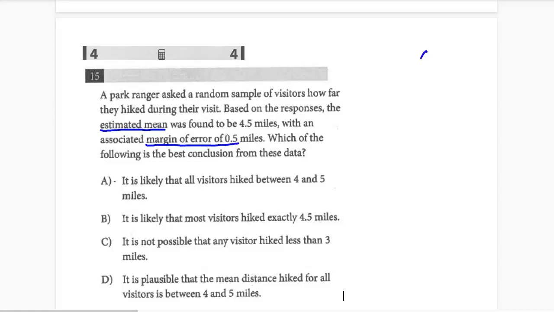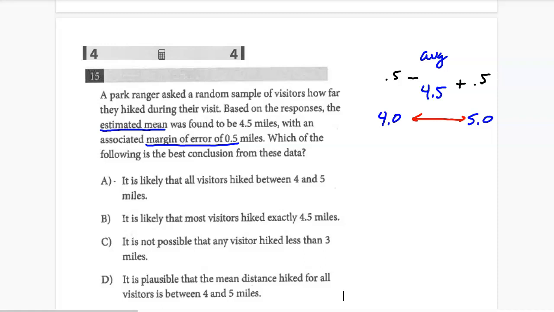So what that means is, if we have an average of 4.5, then our margin of error means we could go plus 0.5 this direction or minus 0.5 in this direction. So we're looking at somewhere between 4.0 and 5.0. So that's kind of where the average lies.